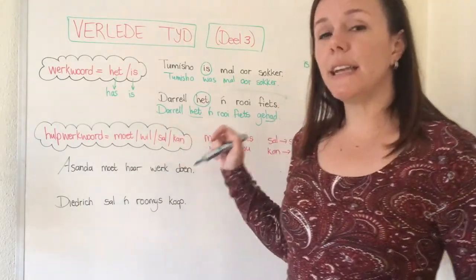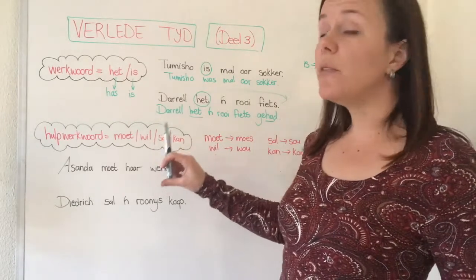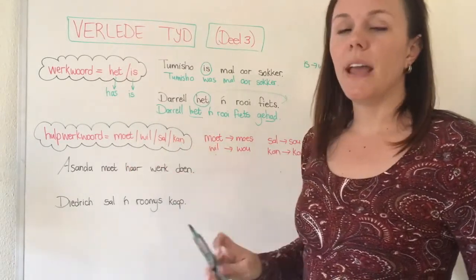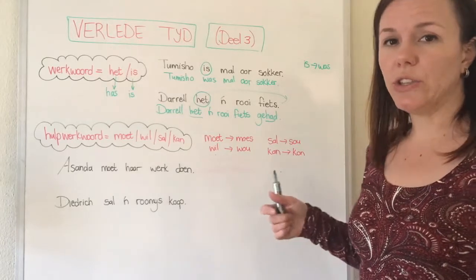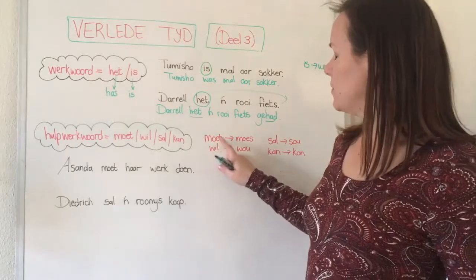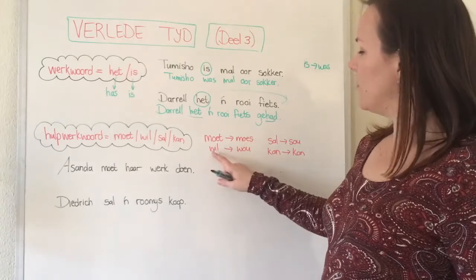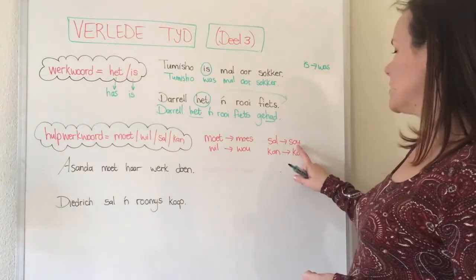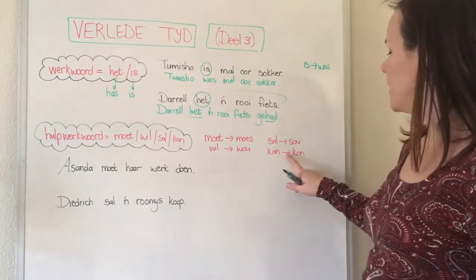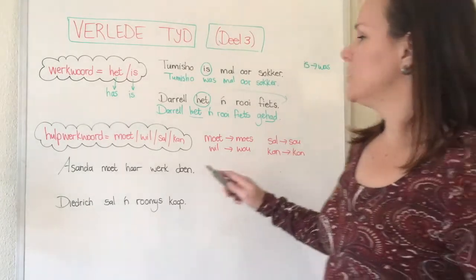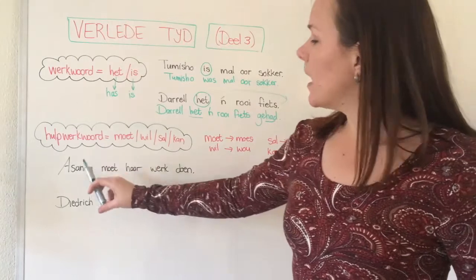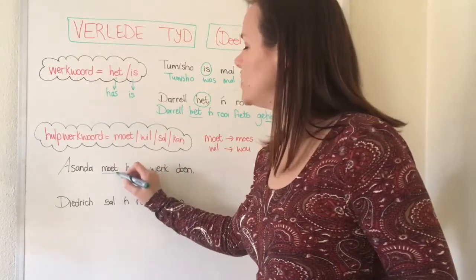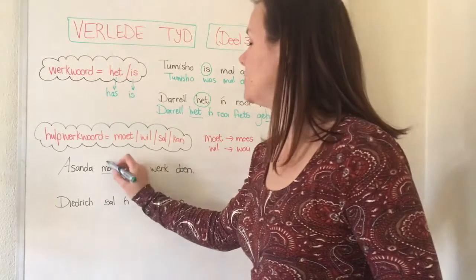Okay, now let's carry on. If my sentence has an auxiliary verb like moet, wil, sal, kan, it's going to change when it goes to the past tense. So moet becomes moes, wil becomes wou, sal becomes sou, and kan becomes kon. So if we look at the first example, Asanda moet haar werk doen. Moet is an auxiliary verb. It's verb 1.